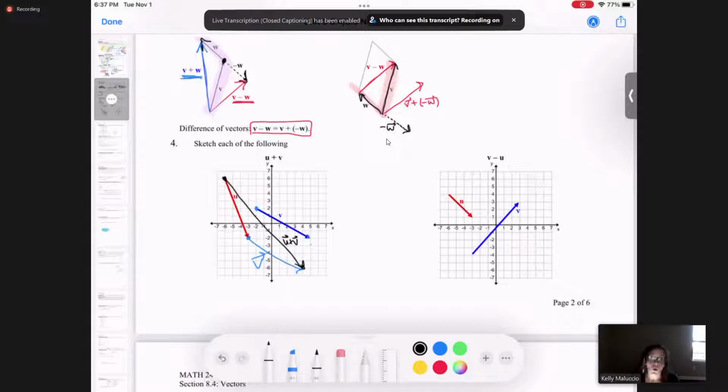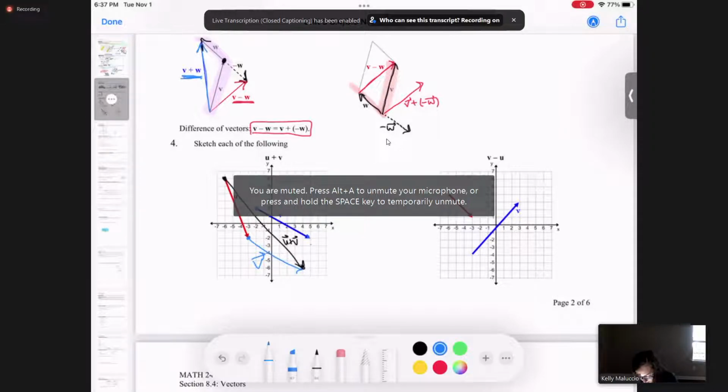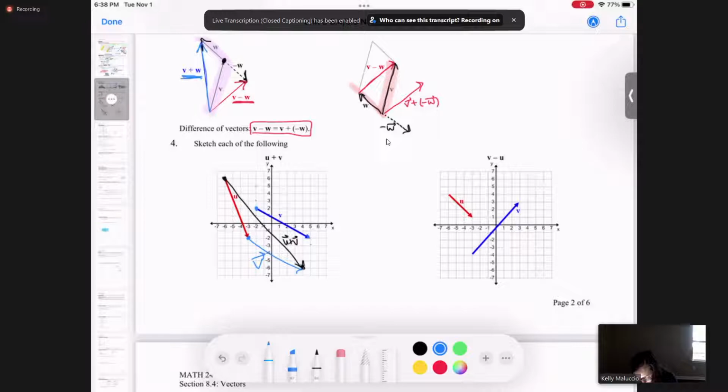Or I could also have them start at the same place. So I could take V and go up 1, 2, 3, 4, and then left 1, 2, 3, 4. Okay, up 4 and left 4. So then I take the end. Where's that here? 1, 2, 3, 4.